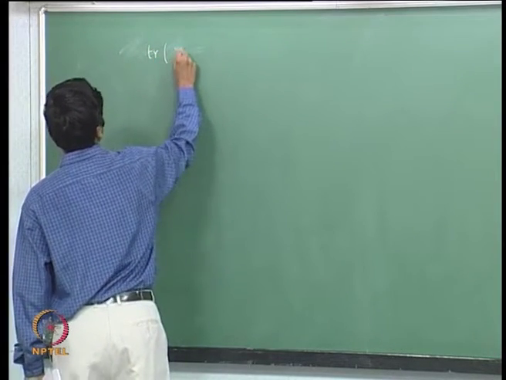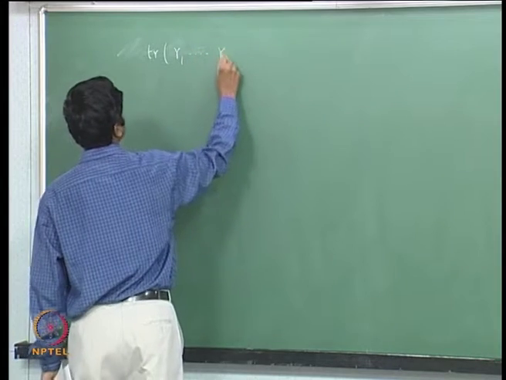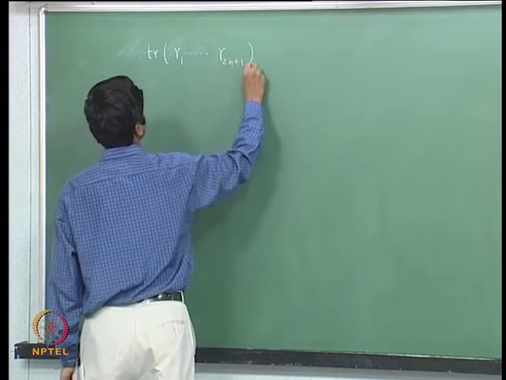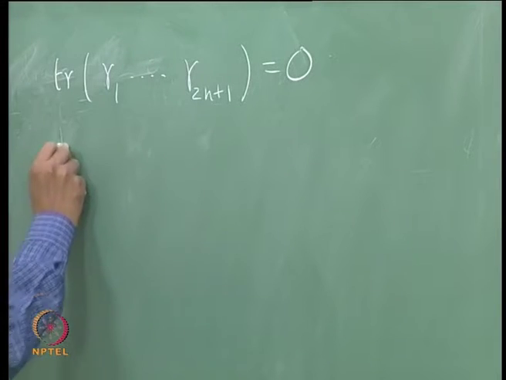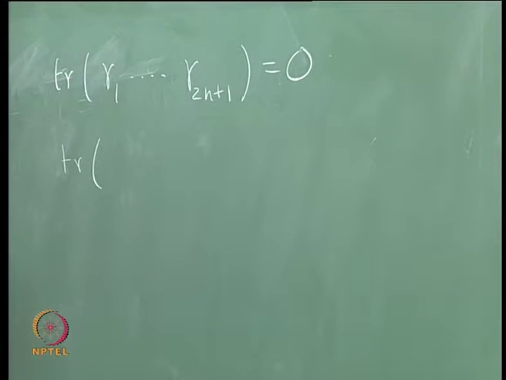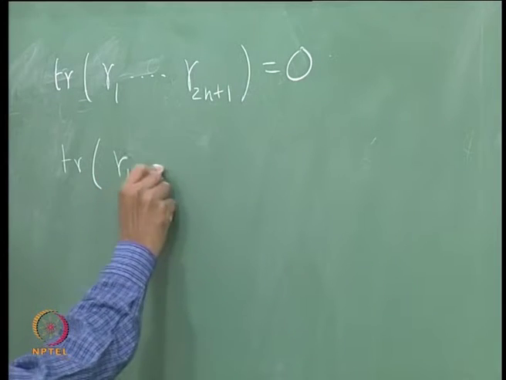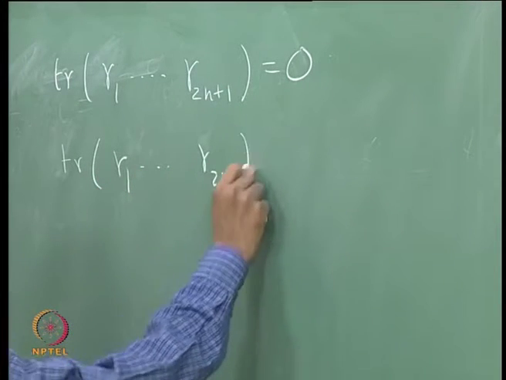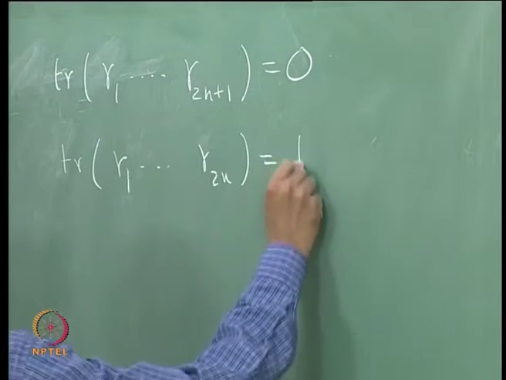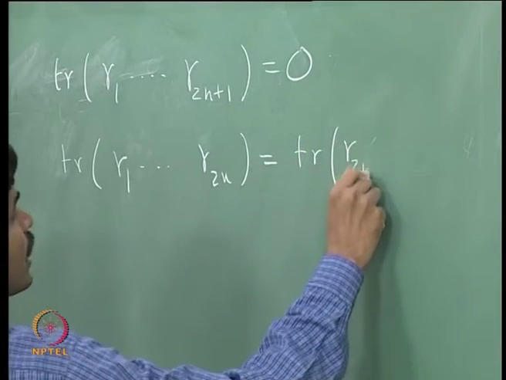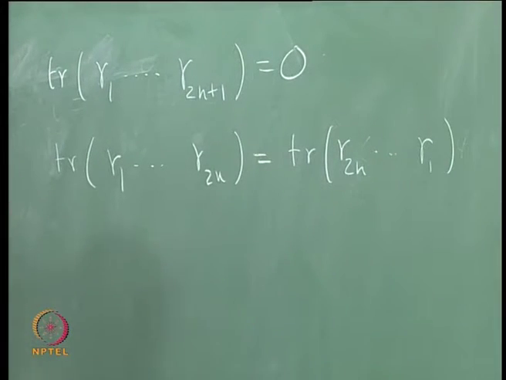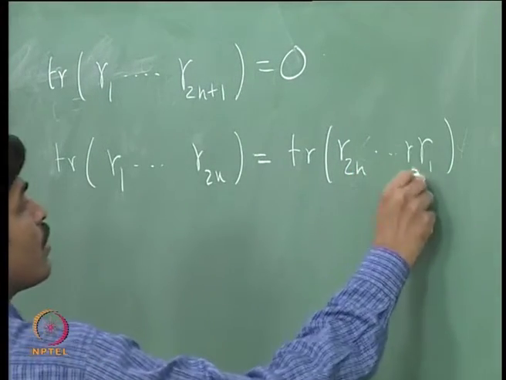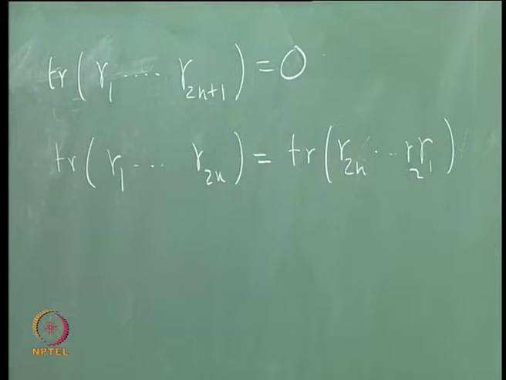Trace gamma 1 up to gamma 2n plus 1 is equal to 0, and trace of gamma 1 up to gamma 2n is equal to trace of gamma 2n down to gamma 1. The order is reversed. These are the two identities I would like to prove to you.